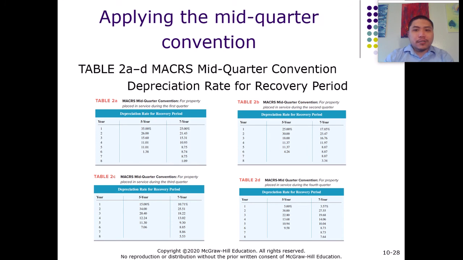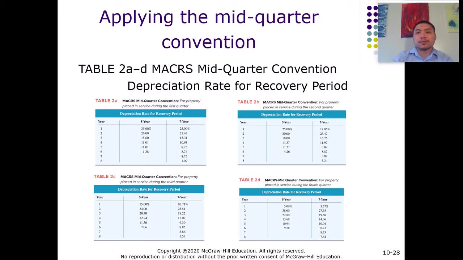All right, so that was the half year convention. Let's talk about applying the mid-quarter convention. So here are the tables for the mid-quarter convention. Depending on the quarter that the company put the asset into service, we have to select a table accordingly.